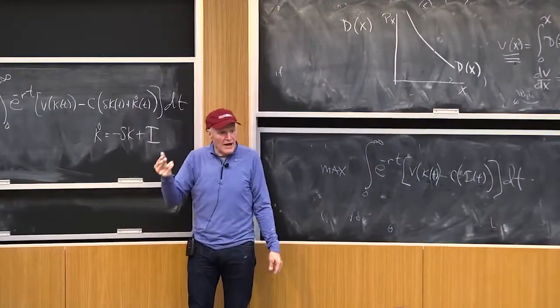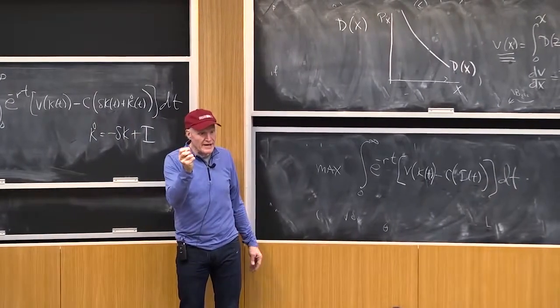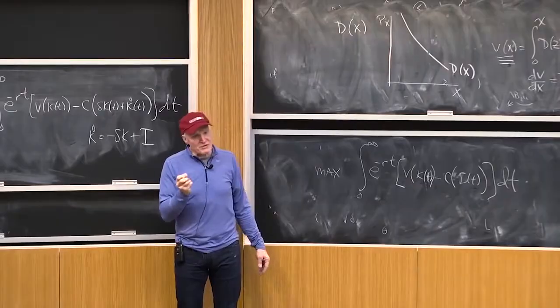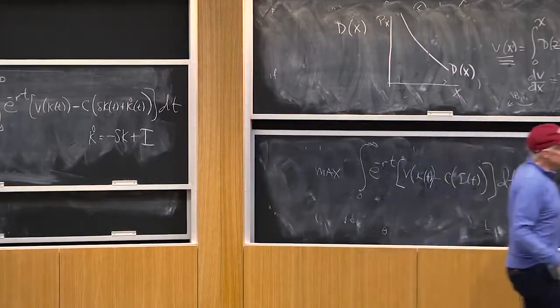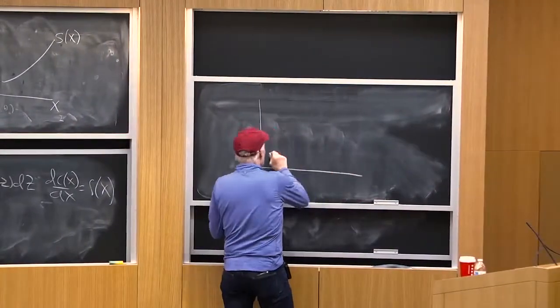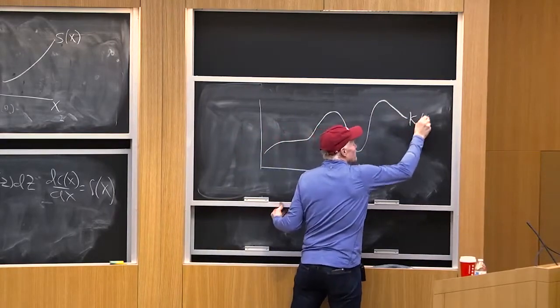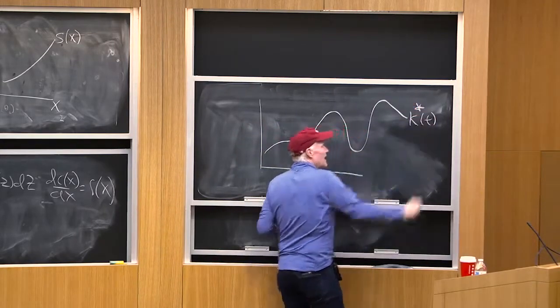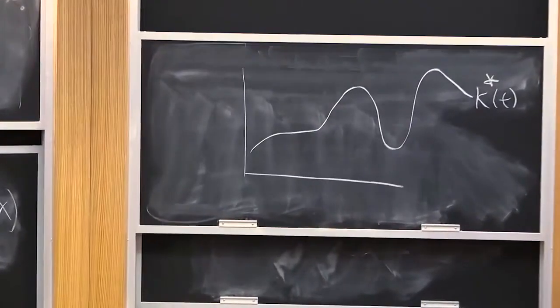Think about an economy. I'm trying to maximize this function. Each date, I'm going to choose a K dot. And what's my first order condition going to be? Let's assume I have some candidate optimal path, K of t, and I want to know what's the first order condition for that problem.